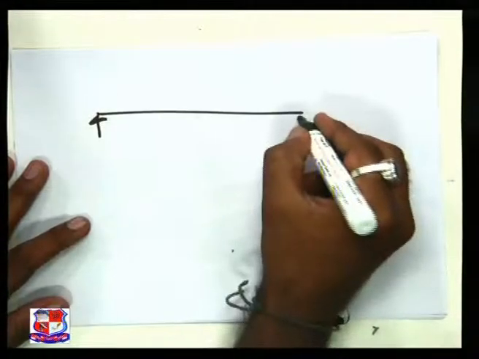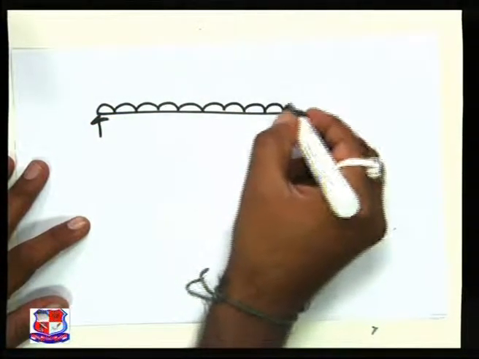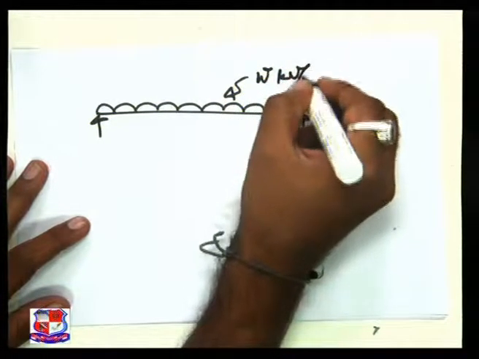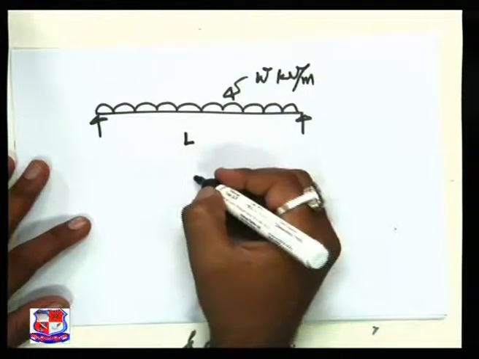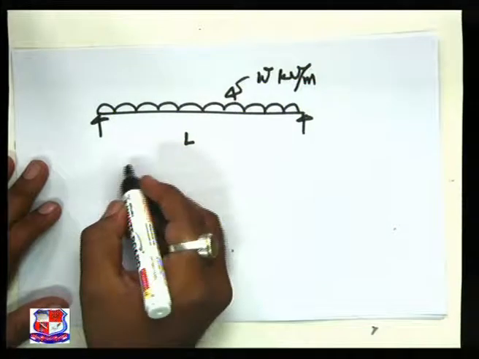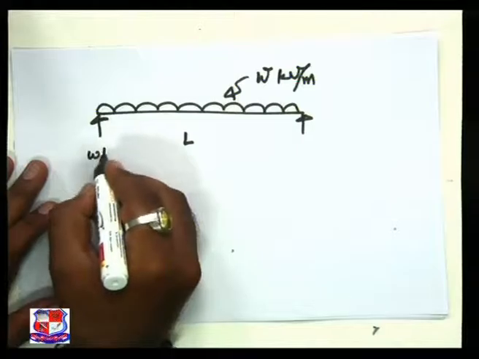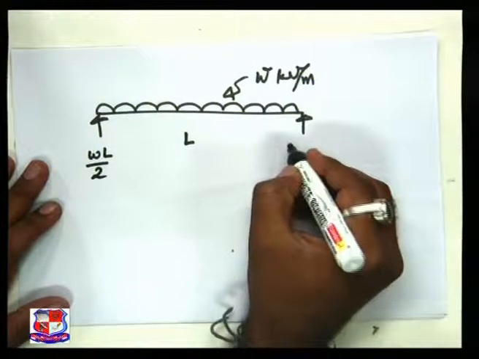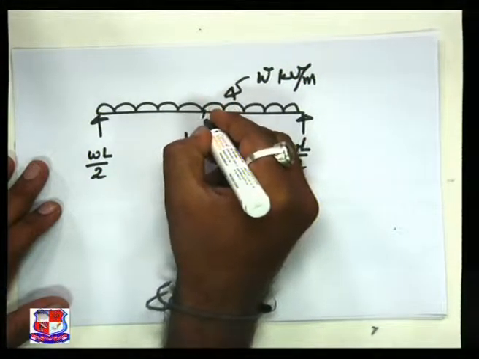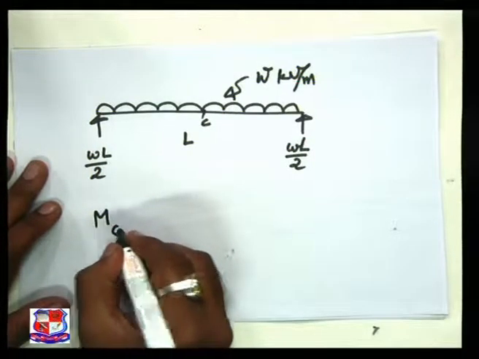Simply supported beam, UDL, L is the span, then what will be the reaction? It is nothing but WL by 2. WL by 2.